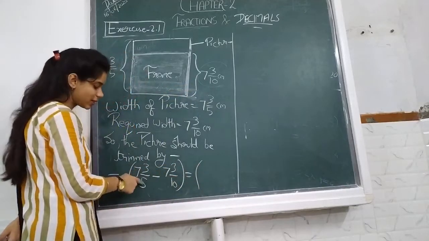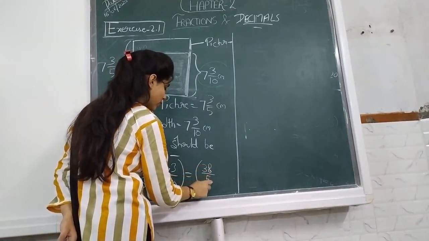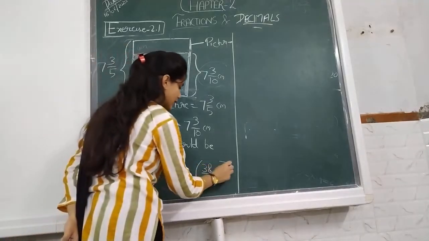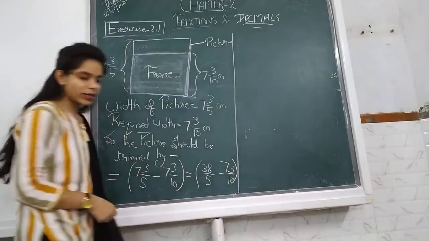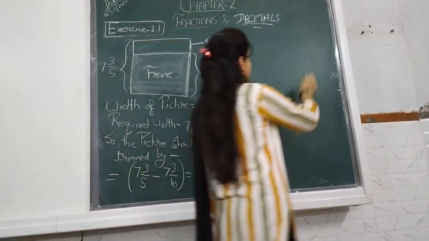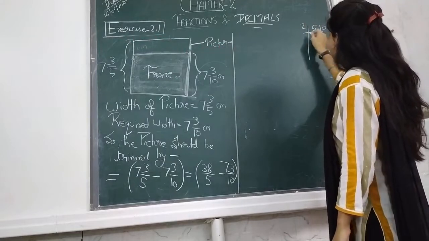Make it a proper fraction. 7 fives are 35. 35 plus 3, 38 by 5. Minus 10 sevens are 70. 70 plus 3 will be what? 73. So 73 upon 10. Got it? Now the LCM for 5 and 10 will be what? 2 fives are 10.